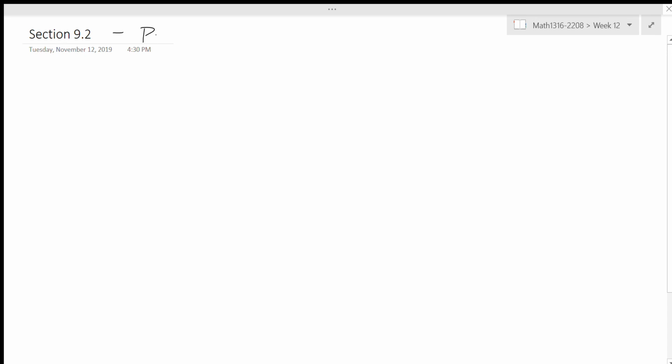And this is polar equations and graphs. And the reason that I say I can do this in, well, now 3 minutes, is because this entire section is going to be taught using Desmos.